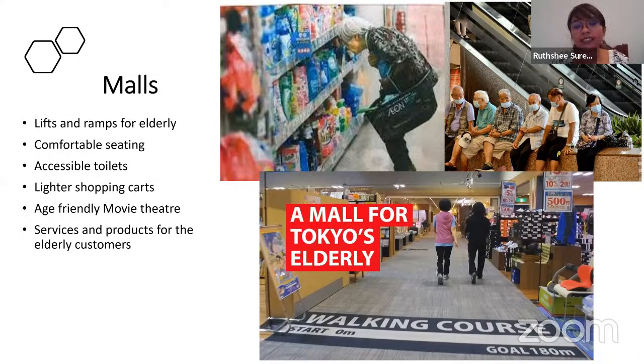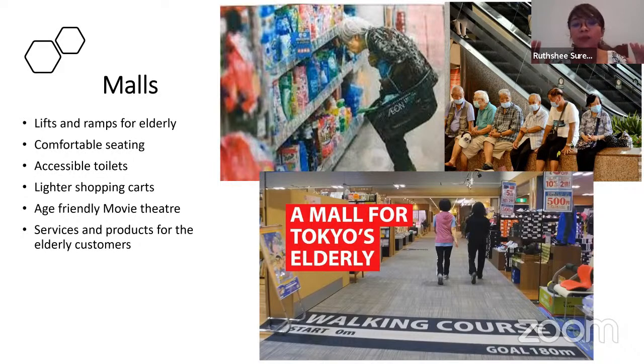Now, there is this very interesting mall that has opened up in Tokyo, and it is specifically for the elderly. They have made sure that they've used slip resistant flooring. They have a lot of walkers and wheelchairs in the malls, almost every 100 meters they have a station for that. Also, this mall opens up at 7 o'clock in the morning itself, so that the elderly people can come in just for a walk.